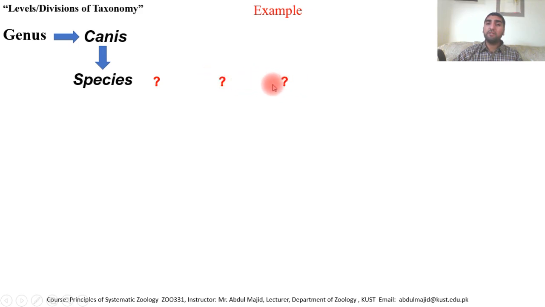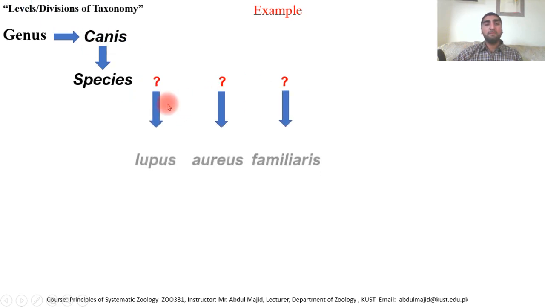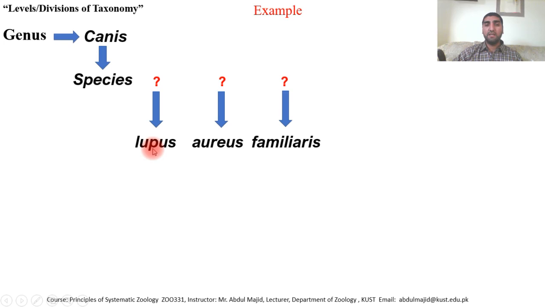After discrimination and characterization, he will name them. For example, he named the first one lupus, the second one aureus, and the third one familiaris. So now we have three species: Canis lupus, the common wolf; Canis aureus, the jackal; and Canis familiaris, the common dog.